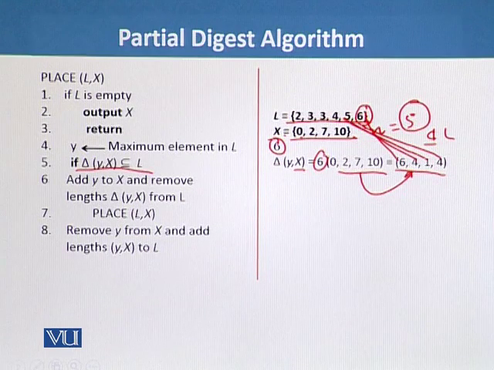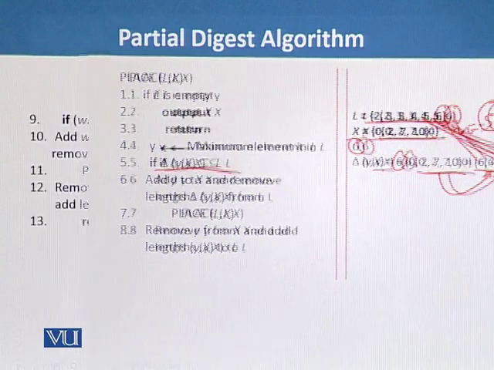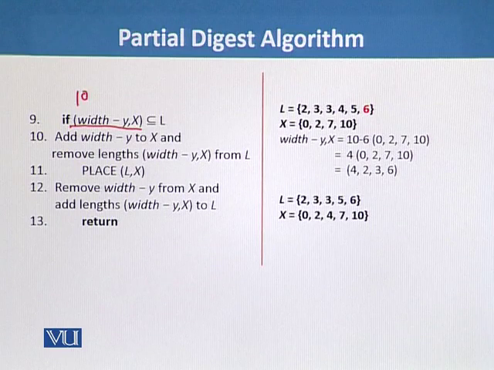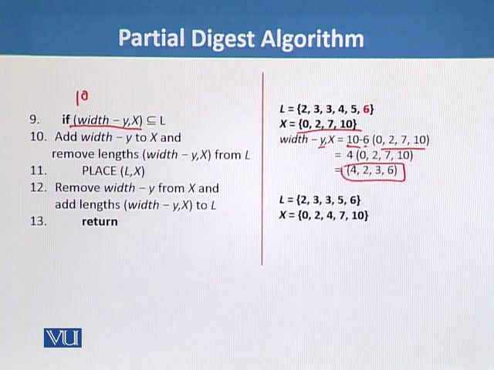So if it's not a subset, then we will proceed to the next part of the algorithm. That is, we will subtract the value of Y from the width, and we remember width is 10. So we put the value of width as 10, Y is 6 and X is this one. After calculating we get this one: 4, 2, 3 and 6.